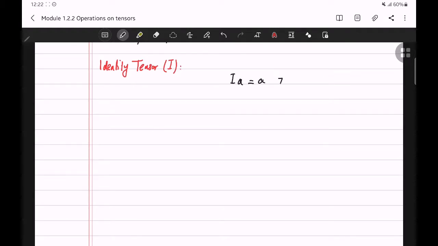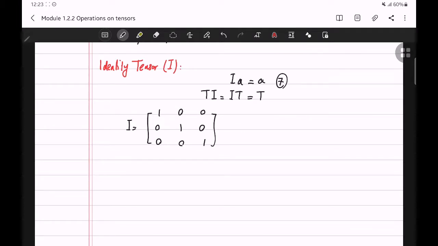So if you have I times a tensor T, it gives the same tensor T again. This is commutative, so TI is equal to IT is equal to T. We define I as 1 0 0, 0 1 0, 0 0 1. All the diagonal components are equal to 1 and the rest are 0.